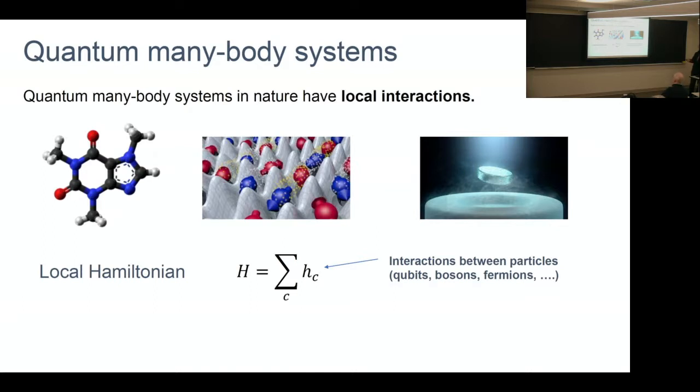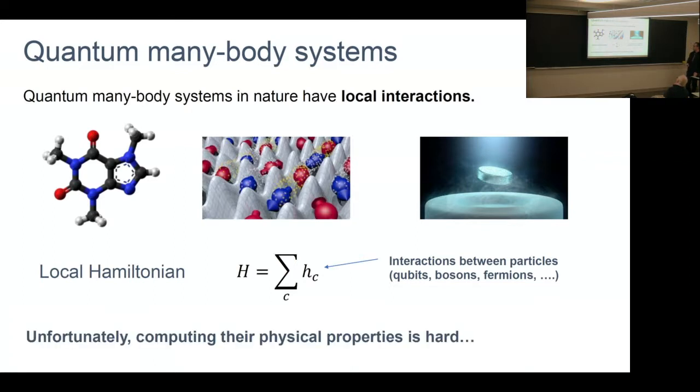The fact that it's local is expressed mathematically by the fact that the Hermitian operator is a sum over some index c of little h sub c, and each h sub c involves maybe interactions between just 2 or 3 or a small number, usually just 2 particles at a time.